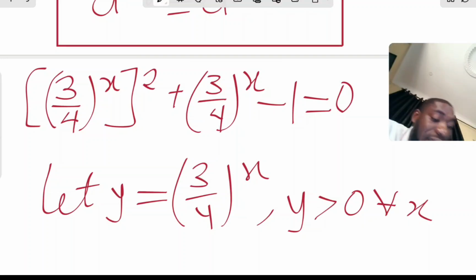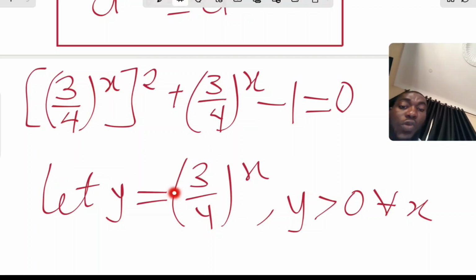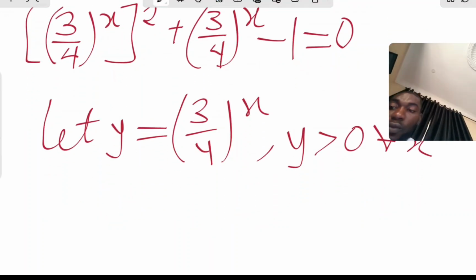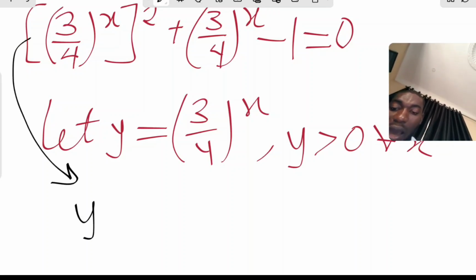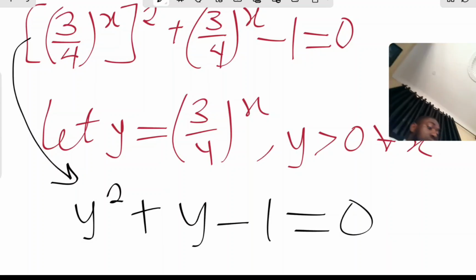So whenever we have 3 over 4 to the power of x, we are going to replace it by y. So this is the same thing as y to the power of 2 plus y minus 1 equals 0.